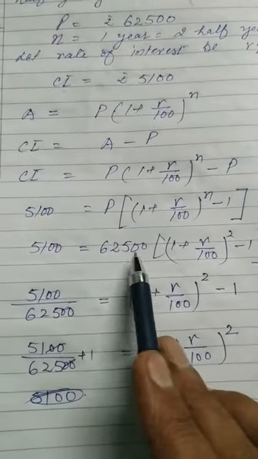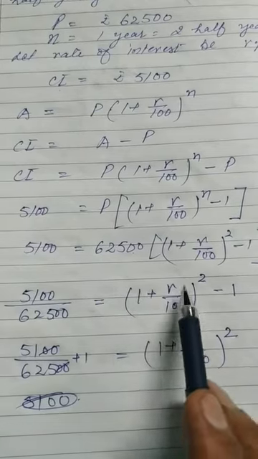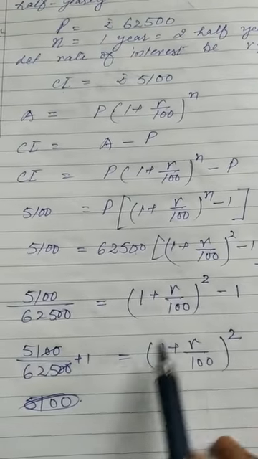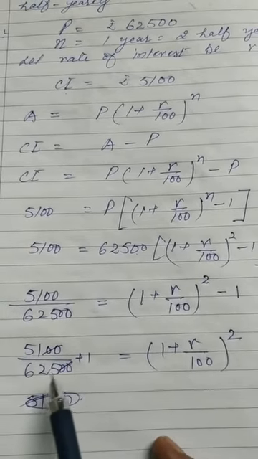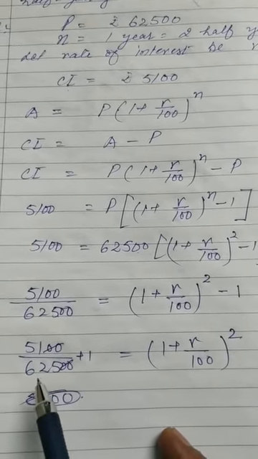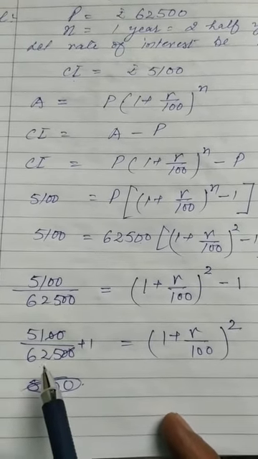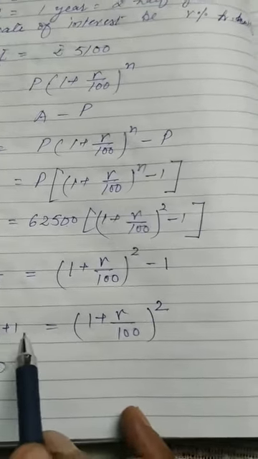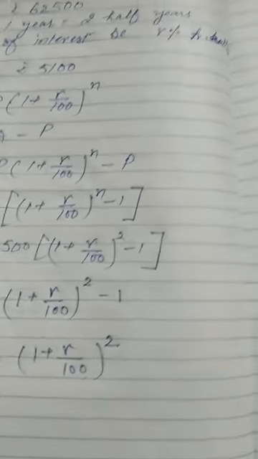Now this multiplier is divided by this one, so 5,100 over 62,500, which is 51 over 625, plus 1 equal to (1 plus R upon 100) squared.